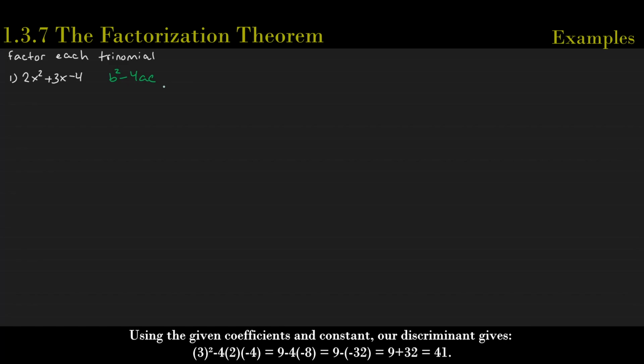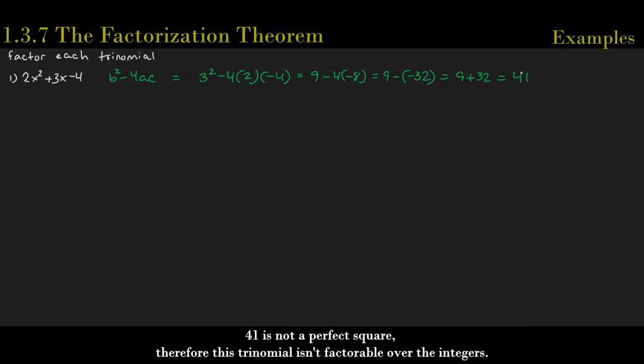Using the given coefficients and constant, our discriminant gives 3 squared minus 4 times 2 times negative 4 equals 9 minus 4 times negative 8. This equals 9 minus negative 32, which equals 9 plus 32, which equals 41. 41 is not a perfect square, therefore this trinomial isn't factorable over the integers.